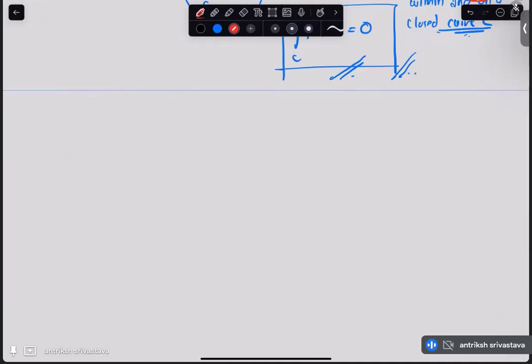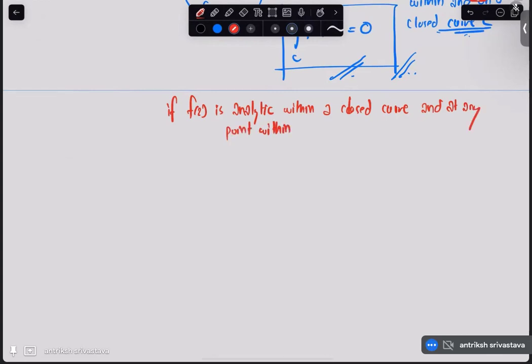That theorem basically tells us that if f(z) is analytic within a closed curve C, then at any point a within the curve C, this particular relation will be followed.